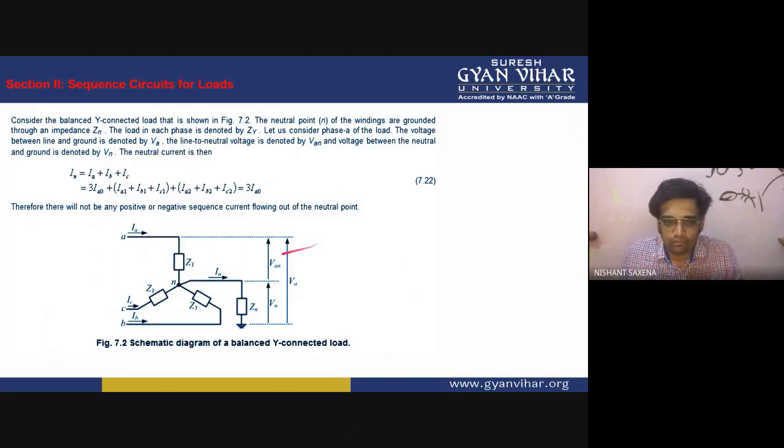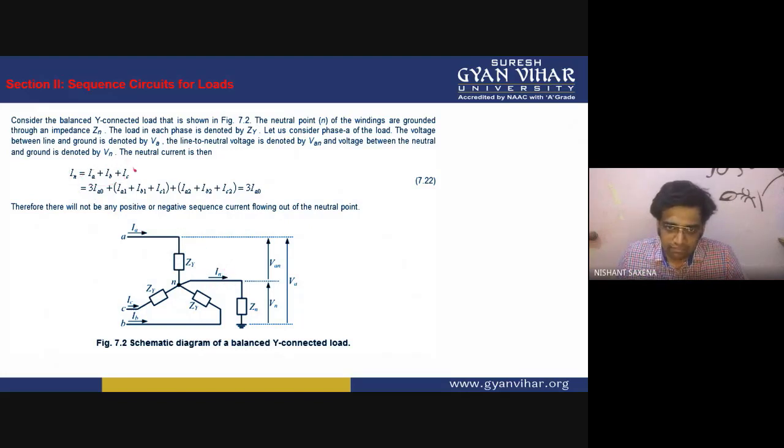So if we see that IA, IB, IC are summed at this neutral junction, it will be equal to IN, the neutral current.